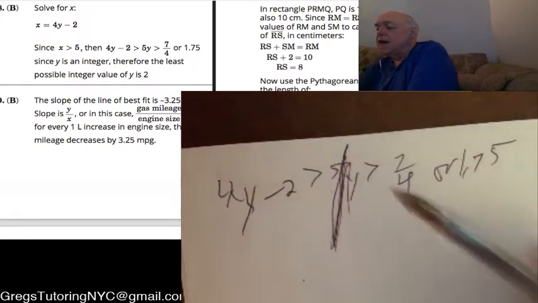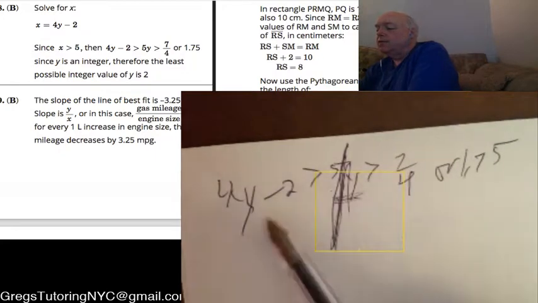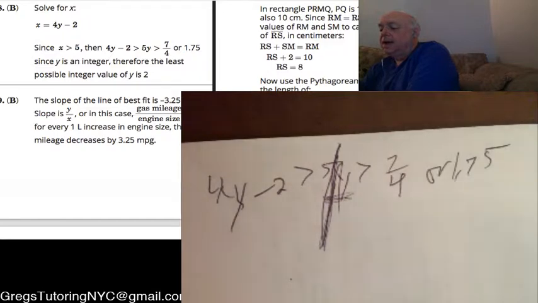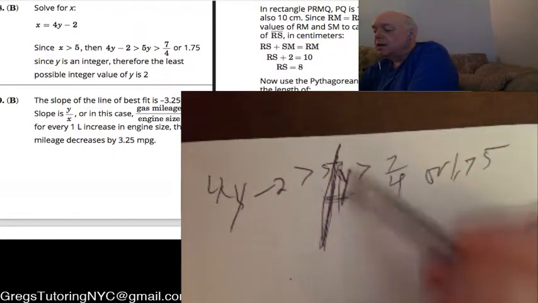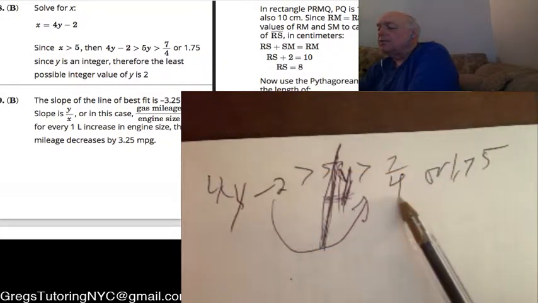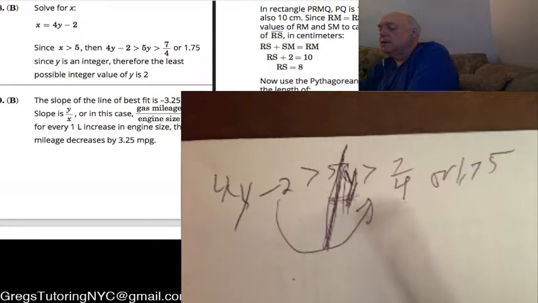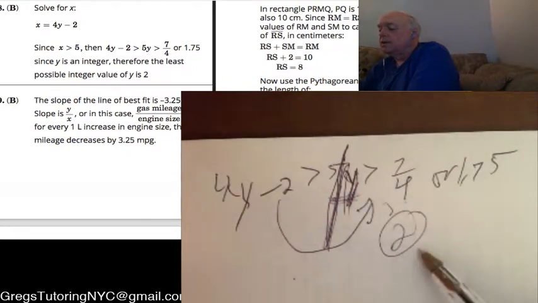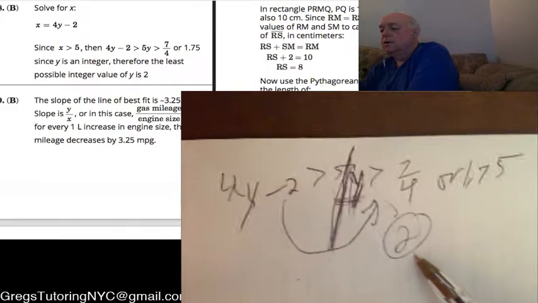So this was not 5y. It was 4y minus 2 greater than 5. That's the end of it. And then they got the solution. Their solution after they solved this was that y is greater than 7/4. That's the answer. And that's how they got the 2. If it's greater than 7/4, it's got to be 2. That's the next highest integer.